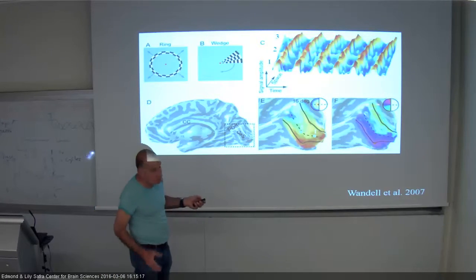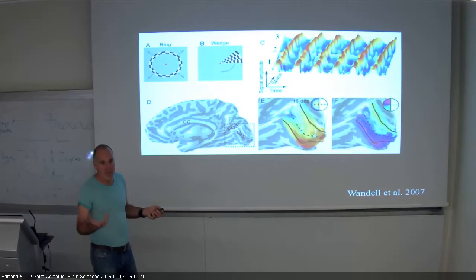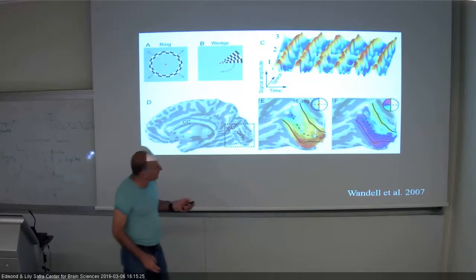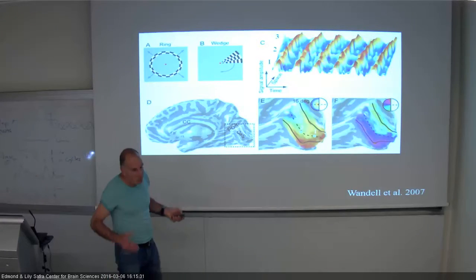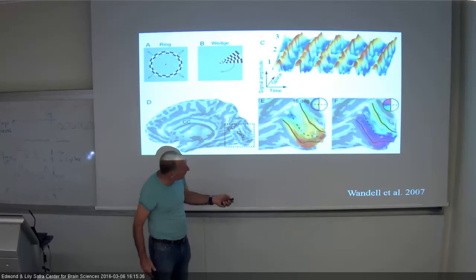And again, notice that there's sort of a beautiful repetition of what I've shown you in Holmes' work from 1918. You see that these colors are going from blue to red here, right? And they correspond to what we call the lower calcarine. This is the calcarine sulcus.